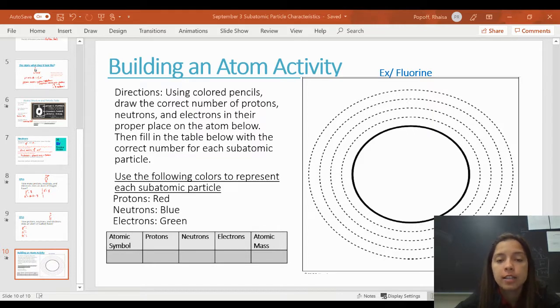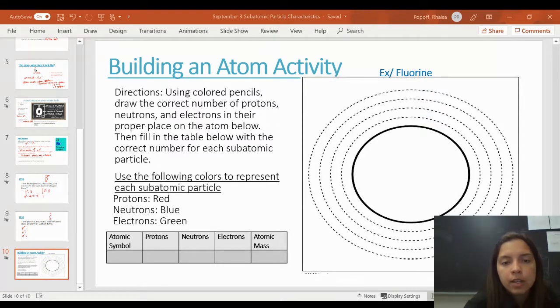So now that I've completed the table, I can go ahead and draw in the subatomic particle diagram. Protons are going to be in red, so I'm going to select my red pen. How many protons do we say we have? Back to the table, 4. So inside the nucleus, I'm going to do 4 protons.